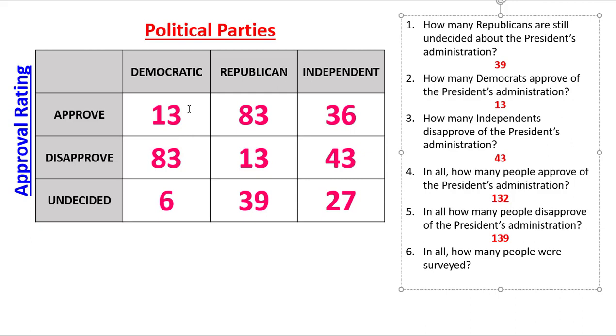So you would add 13 plus 83 plus 36 plus 83 plus 13 plus 43 plus 6 plus 39 plus 27. And when you add all of that together, you get 343. So that means that there's a total of 343 people represented in the two-way frequency table.